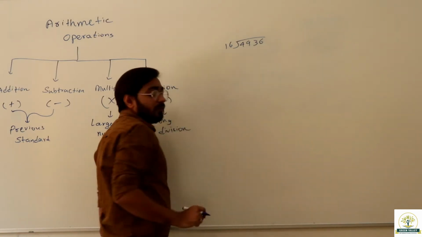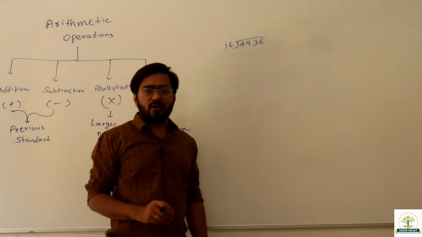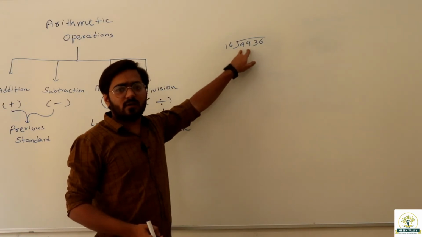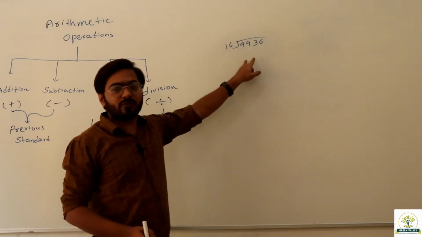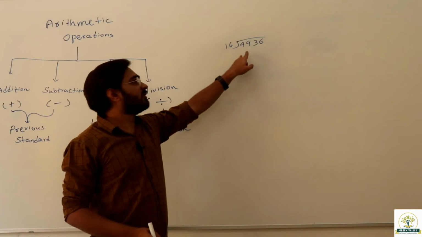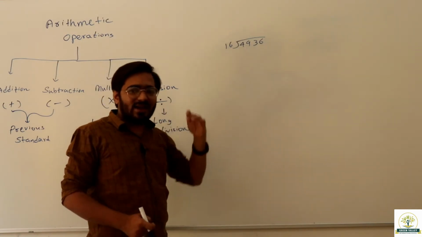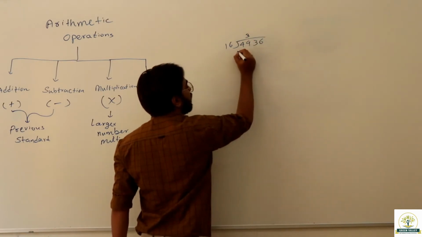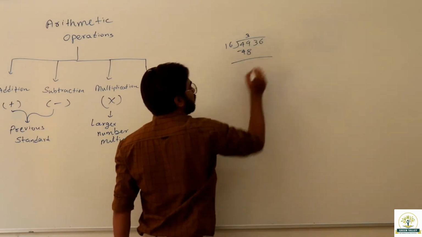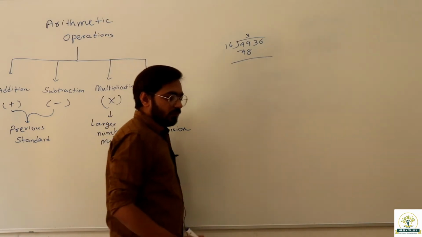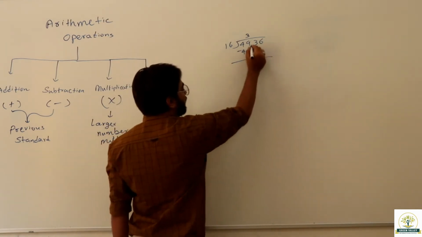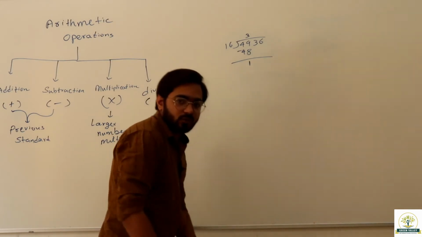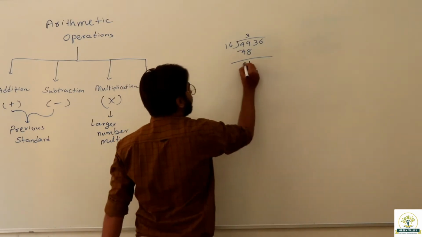So we will find a number which is very close to 49, which comes in the table of 16 of course. So we will find the number which is very close to 49 but lesser than 49. So 16 threes are 48, as we all know, correct? So 9 minus 8 gives you 1, 4 minus 4 gives you 0.